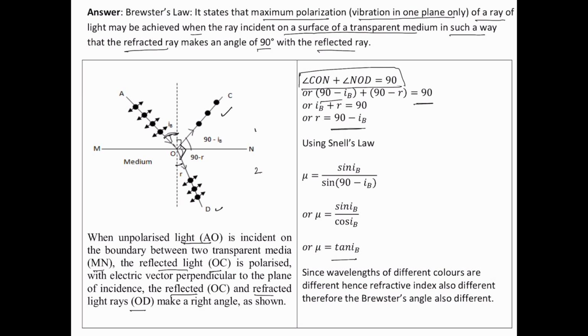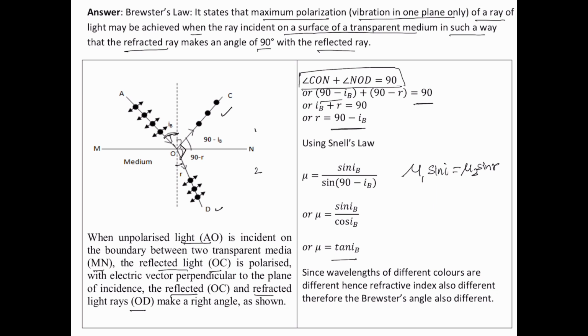So what is Snell's law? Snell's law states that the refractive index of the first medium into the sine of the angle of incidence equals the refractive index of the second medium into the sine of the angle of refraction. Correct. So here one of the media is air, so its refractive index is 1.